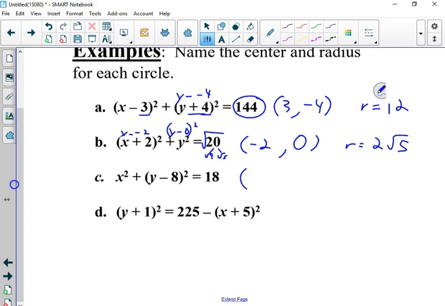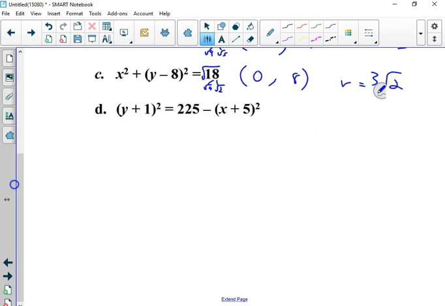So as we said for this one, it's just going to be 0 for x, 8 for y, square root of 18, 9 and 2, so the radius is 3 root 2. Now this one is not in proper form yet. So this bad boy needs to be over here, and in front actually.